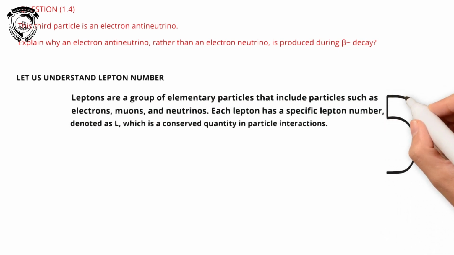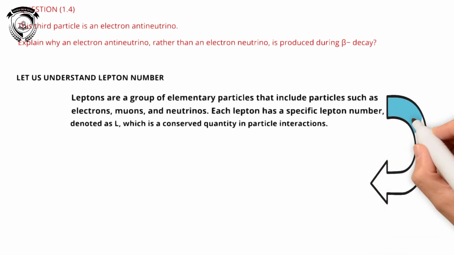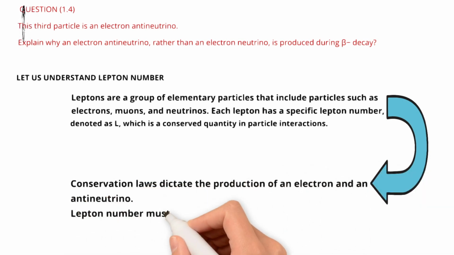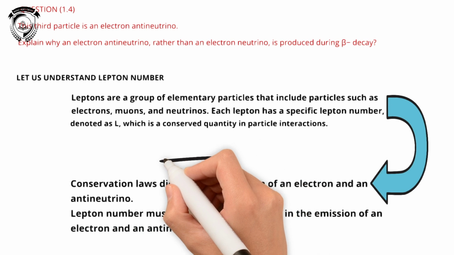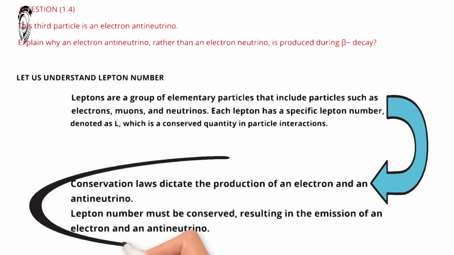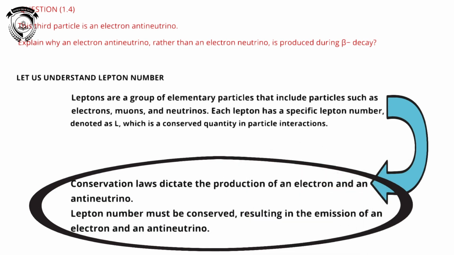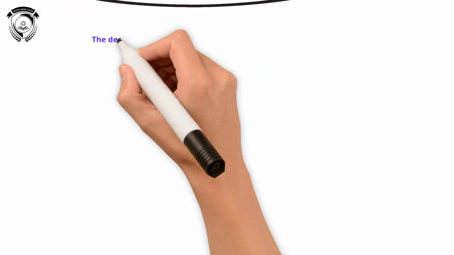The conservation laws tell us that if there is production of an electron and an antineutrino, then the lepton number must be conserved. Let's see this question here.